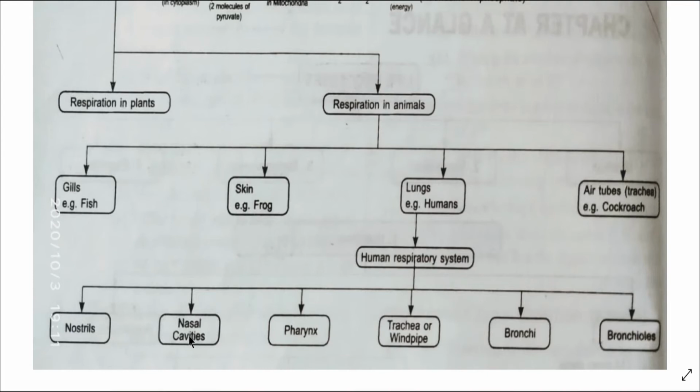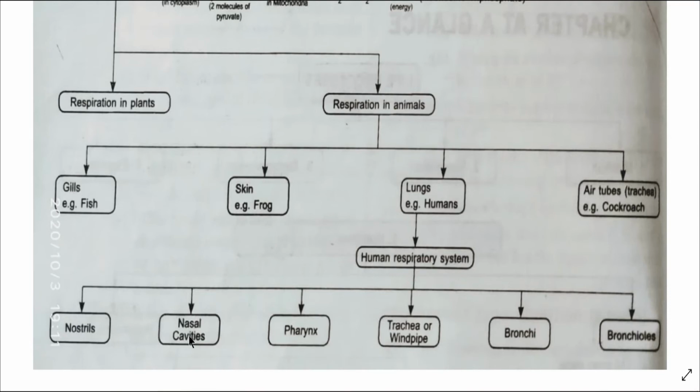In the nasal cavity, small hairs are present, and the wall of the nasal cavity releases mucus. What is the function of these small hairs and the mucus? When we breathe, some dust particles are present in the air.